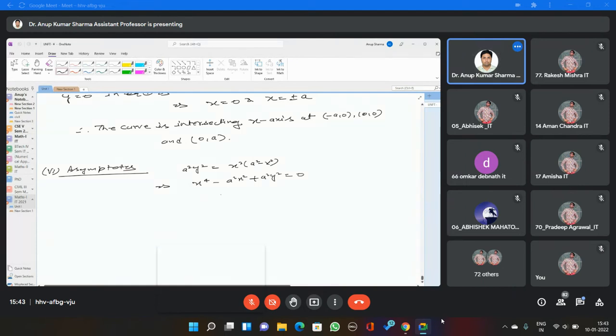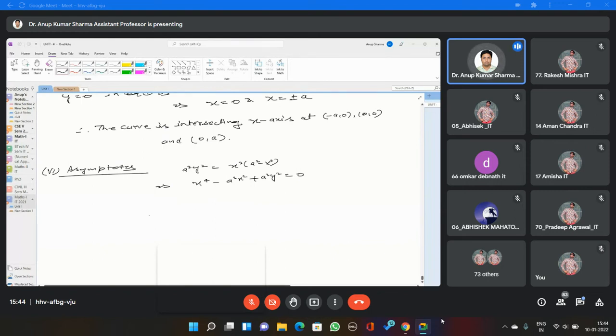The highest degree term of x has coefficient 1, so there is no asymptote parallel to the x-axis. The highest degree term y square has coefficient a square, a constant, so we will not get an asymptote parallel to the y-axis.